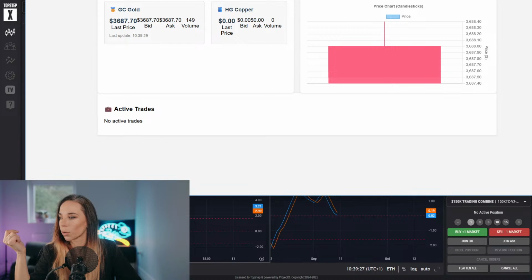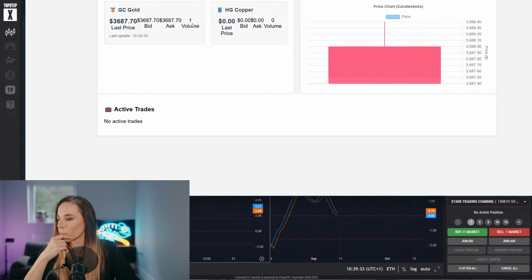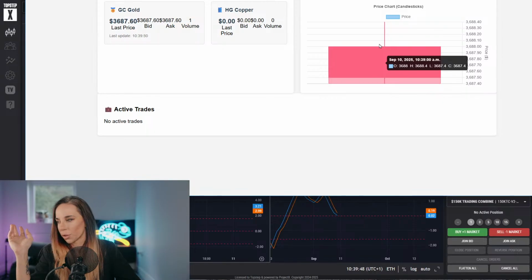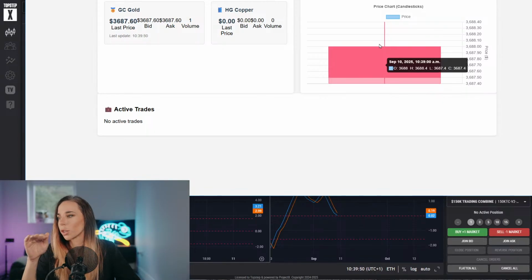I wanted to have that back, but then I added this volume thing to also pick up volume. And that wasn't working, it was just stuck at 1. So I had to go back and figure out why. But now it shows you when it flashes up. And then I have this massive candle because I'm terrible at making graphic user interfaces.